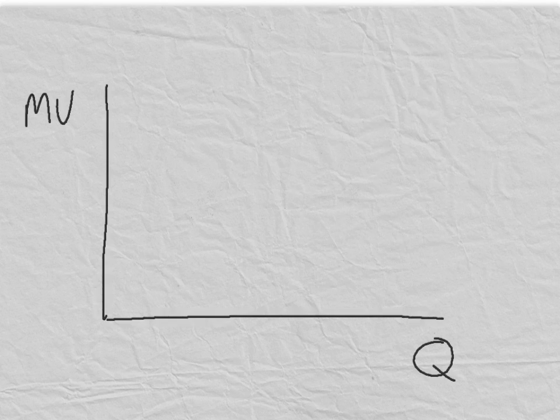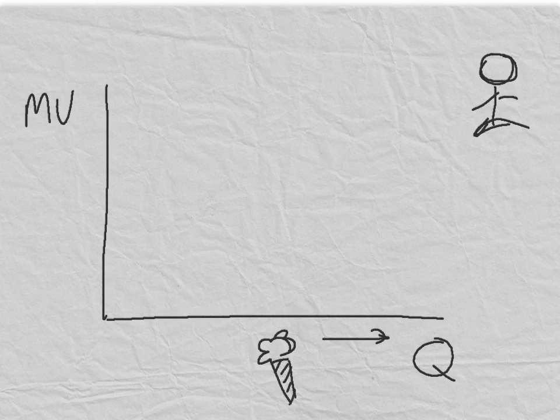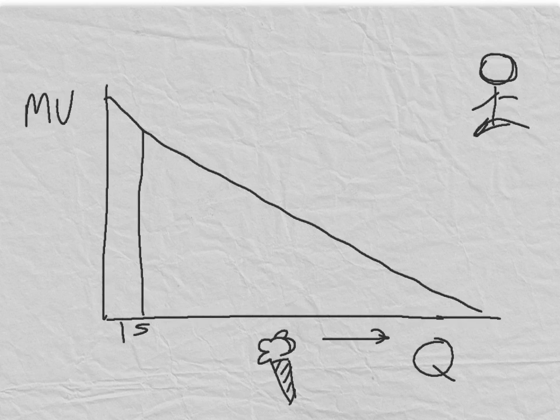So, what can we do with this idea of diminishing marginal utility? Well, if we look at one individual person, one individual consumer, and we look at their marginal utility for a product such as ice cream, we can see that as they increase their consumption of ice cream, their marginal utility will fall. So the first ice cream they consume may give them quite a lot of pleasure.